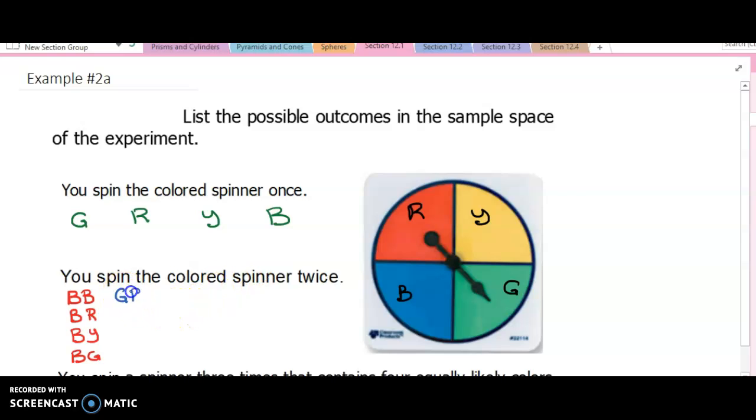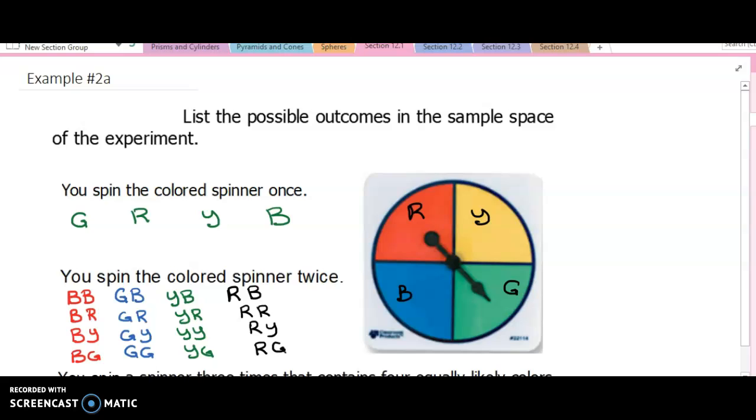So we'd have green, blue, green, red, green, yellow, green, green. Or maybe we do yellow first. So yellow, blue, yellow, red, yellow, yellow, yellow, green. Last but not least, maybe we do red first. So red, blue, red, red, red, yellow, or red, green.